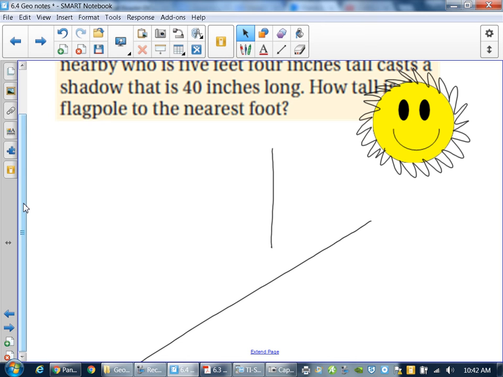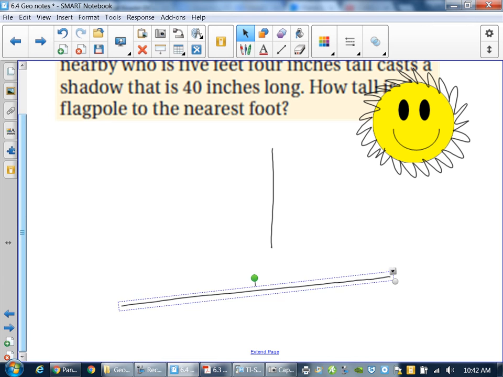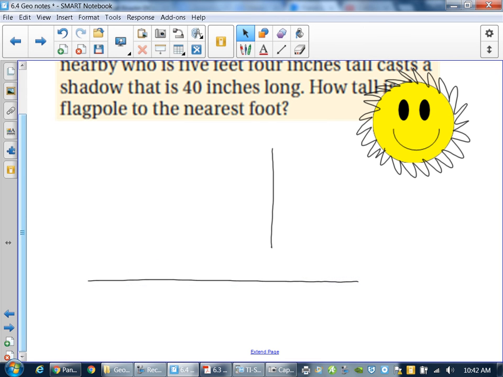All right, anyway, so go back to the picture. Here's our ground. Here's our flagpole. It's got a right angle. Here's our flag.